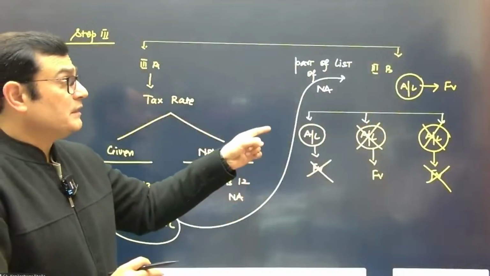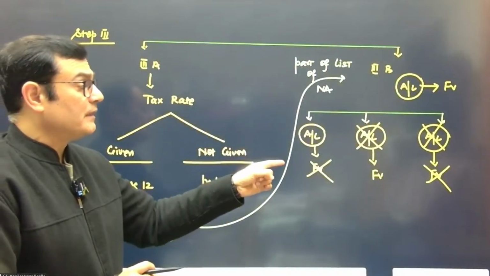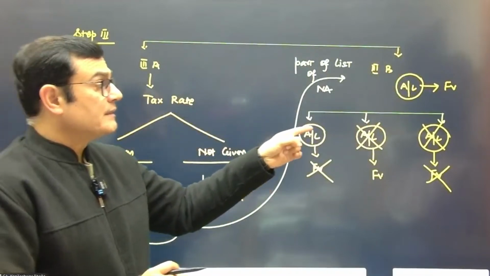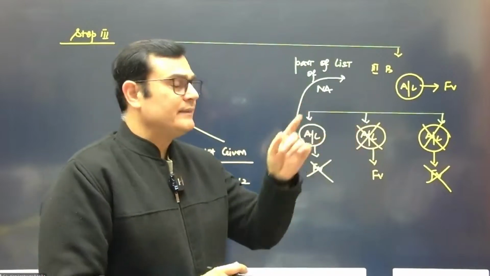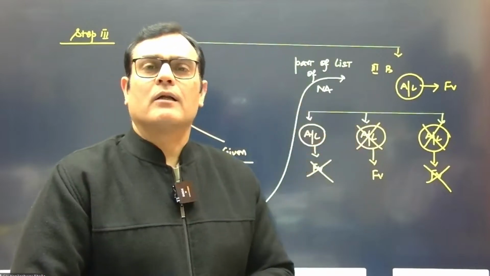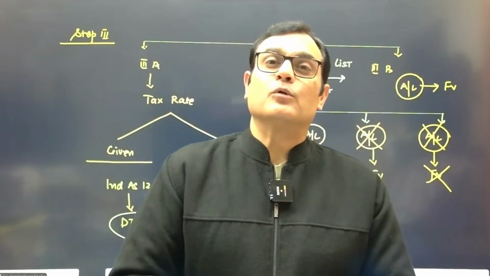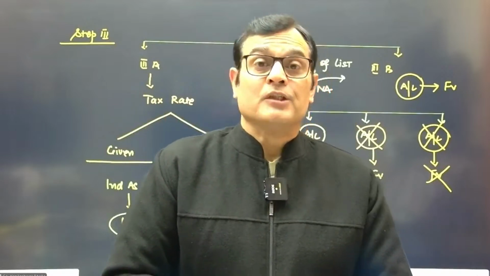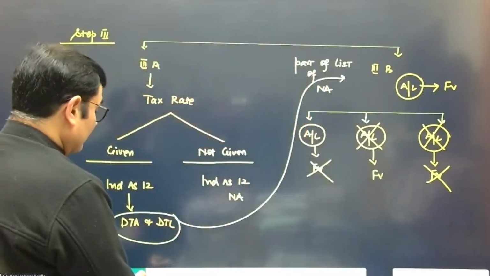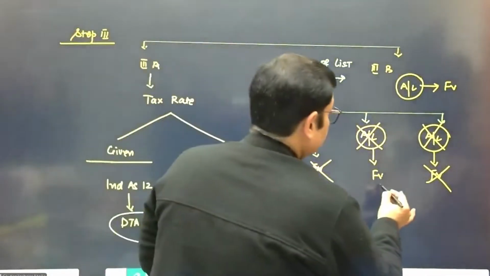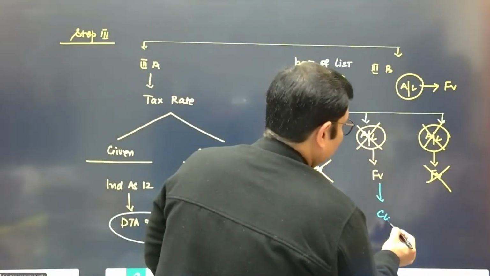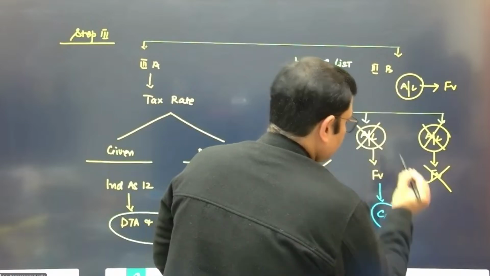So the assets and liabilities in the balance sheet appearing at other than fair value, the assets and liabilities not in the balance sheet appearing at a fair value, and the assets and liabilities which are not in the balance sheet but are going to appear at other than fair value. So I gave you a couple of exceptions out here, and to remind you, this particular exception was pertaining to contingent liability.